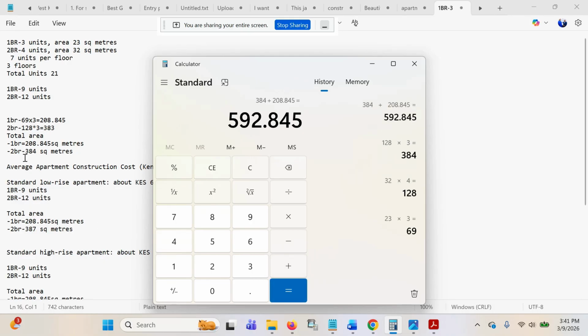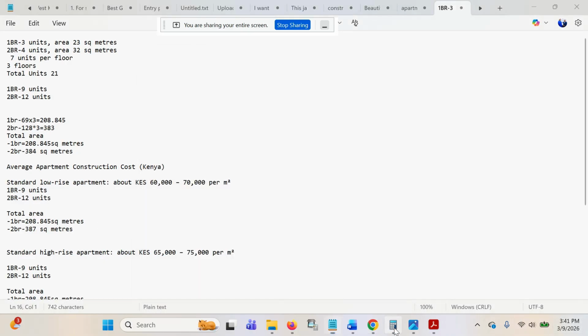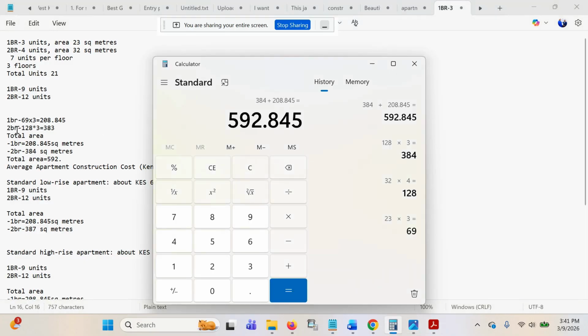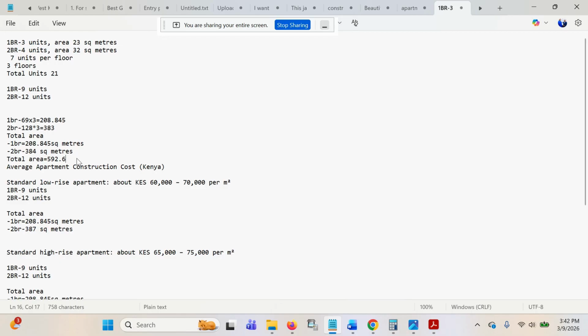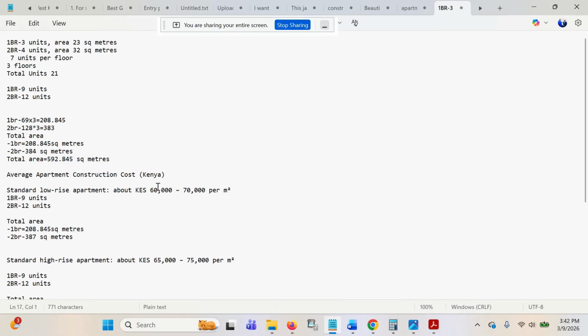That will give you a total area of 592.845 square meters. Now, how much would that cost you if you had to build that house?